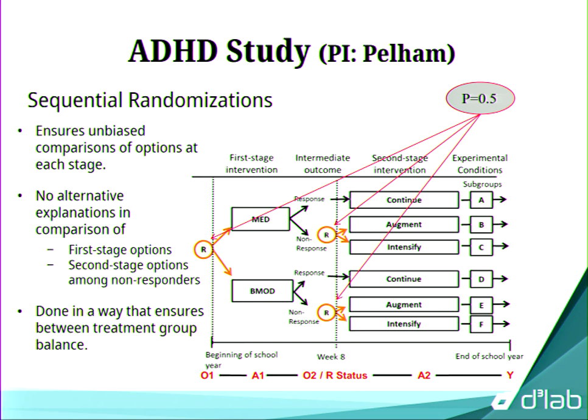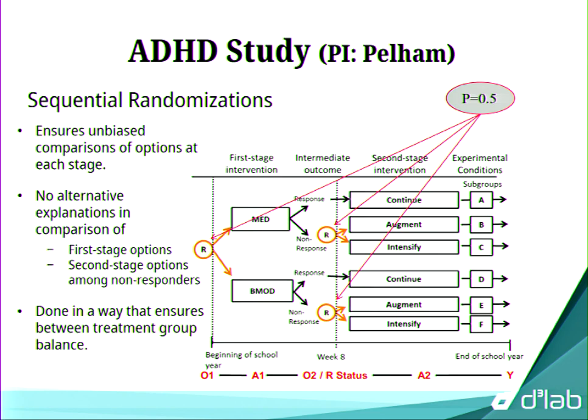What do I mean by balance? Participants were randomized with equal probability, 0.5, right? So at the beginning, they had equal chance of receiving either a medication or BMOD, right? And non-responders had equal probability of receiving either augment or intensify, right? So this means that for the first stage comparison, we're essentially comparing half of our sample versus the other half, right?